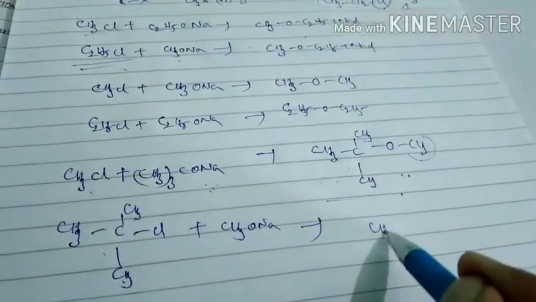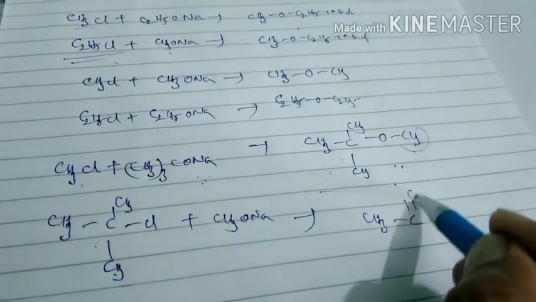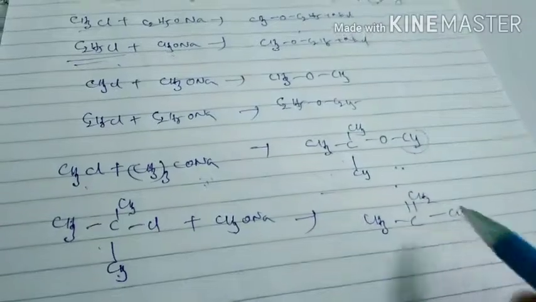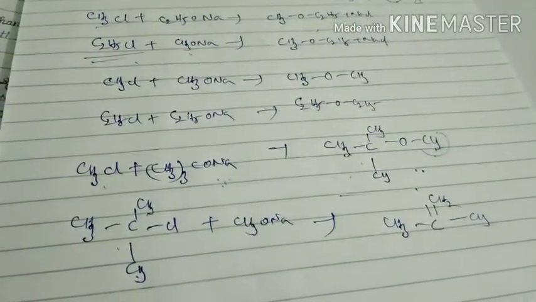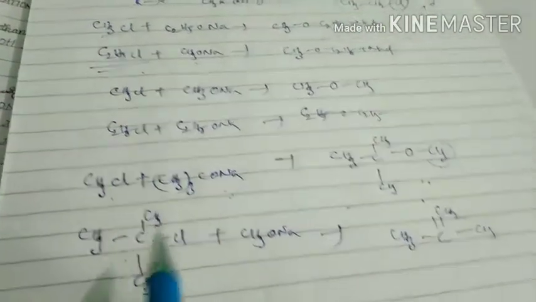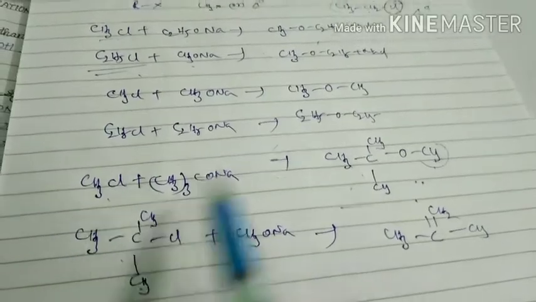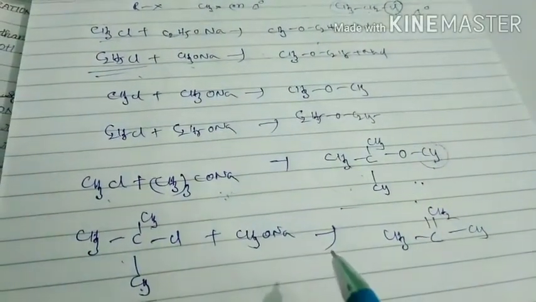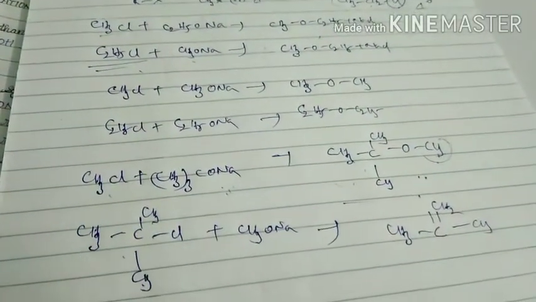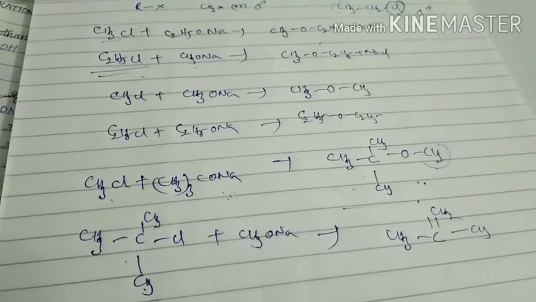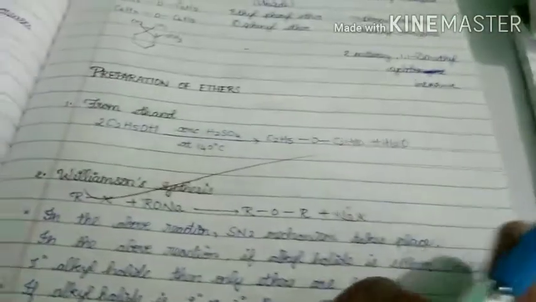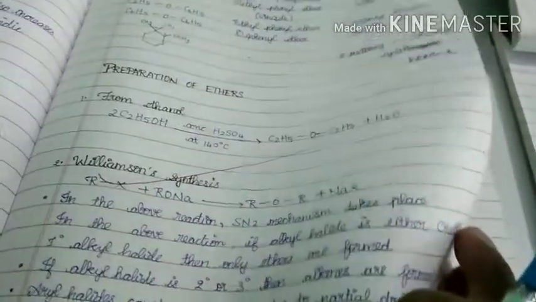Then you get an alkene instead of ether. So what is the point here? The alkyl halide should be methyl halide or primary. It cannot be secondary or tertiary alkyl halide. Then only ethers can be made. This is about Williamson's synthesis. This is a very important point.